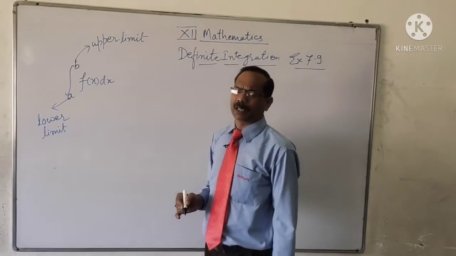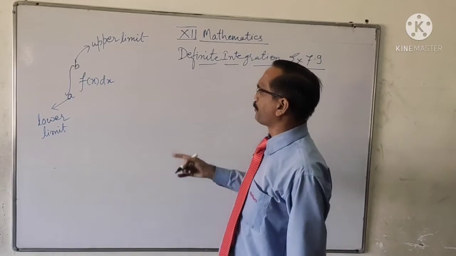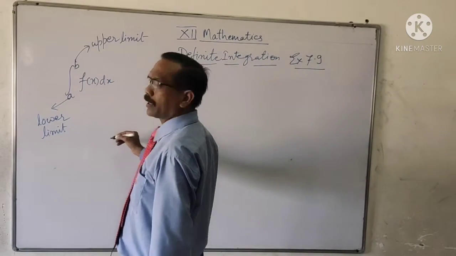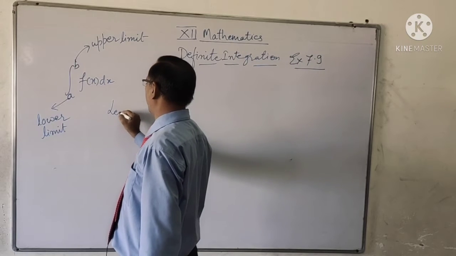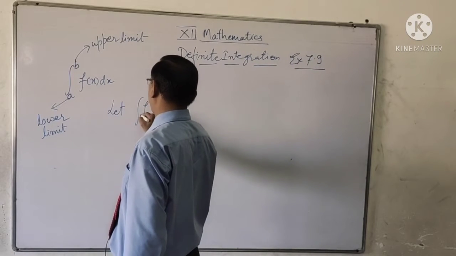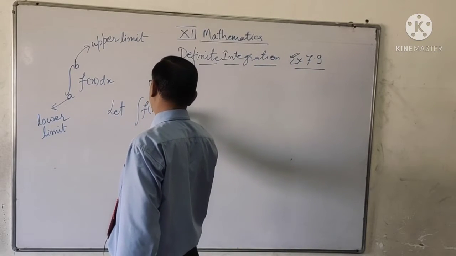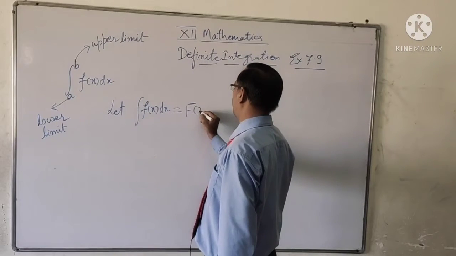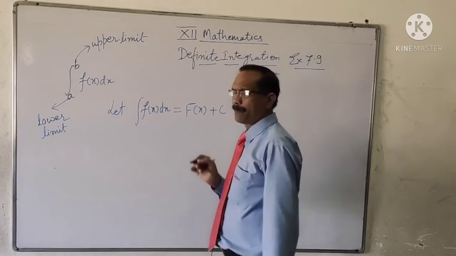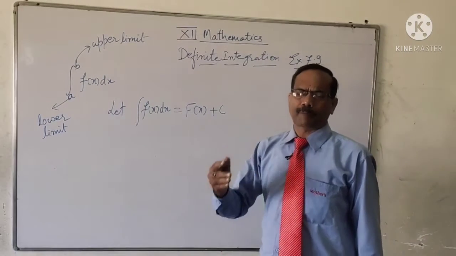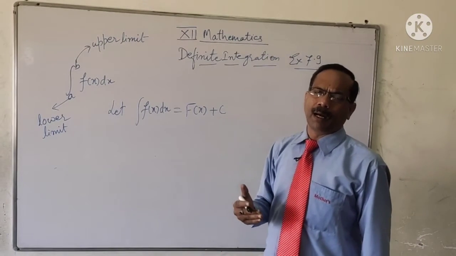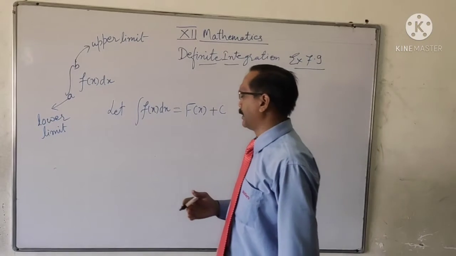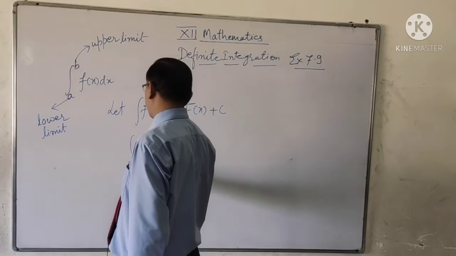Students, see the method of solving the definite integration. Let there be an integration f(x) dx. Its result is capital F(x) plus c. So after solving the indefinite integration, we will apply the limit this way.